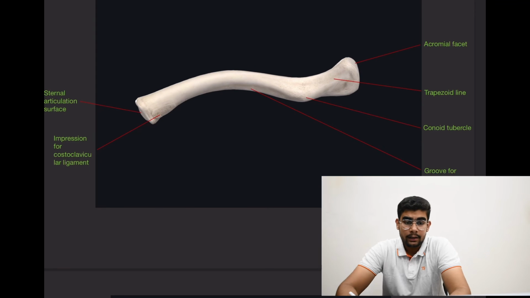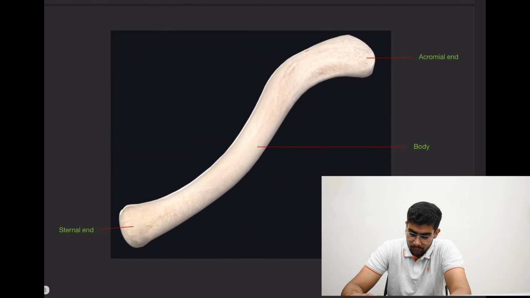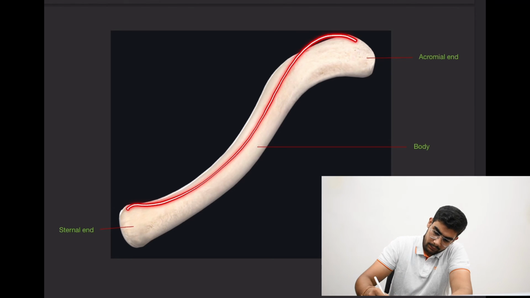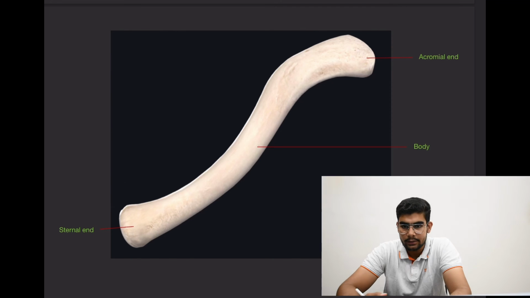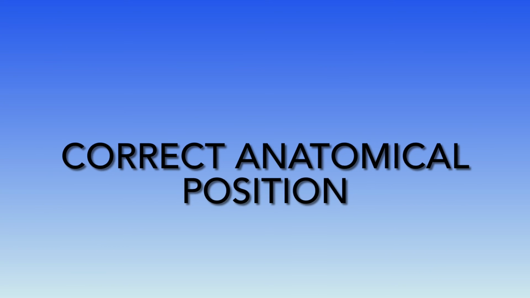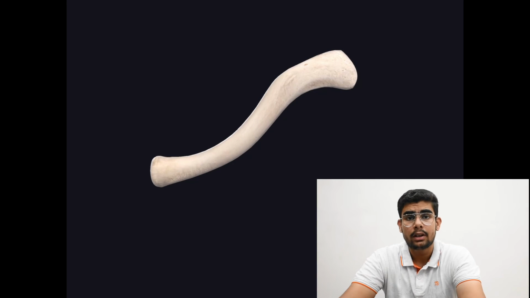On the sternal end, the sternal articular surface is found, while on the acromial end, the acromial facet can be found. As I already told you, its superior surface is fairly blank as seen here and does not contain any important structures in it.